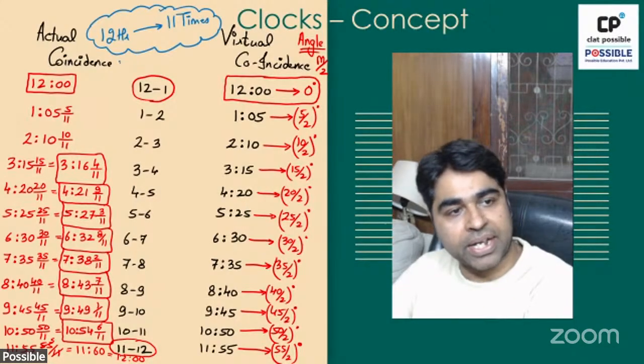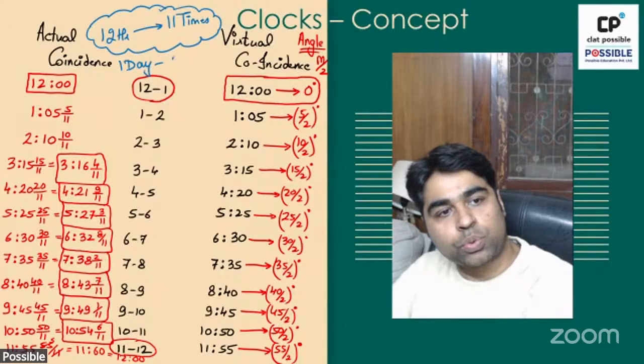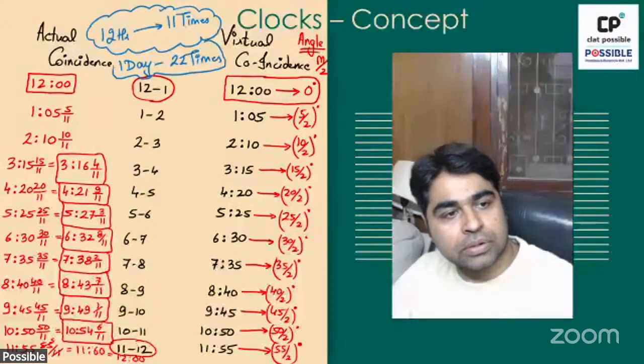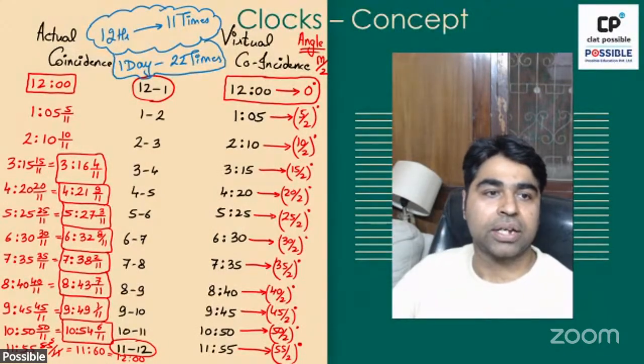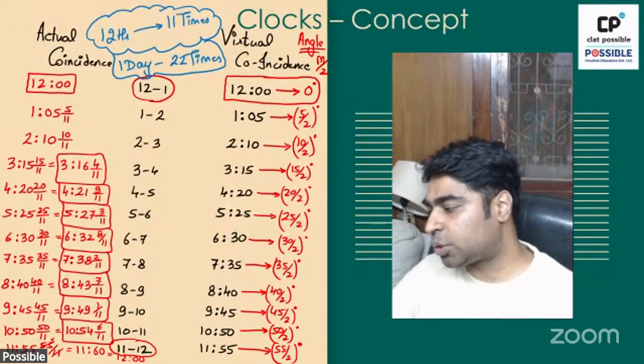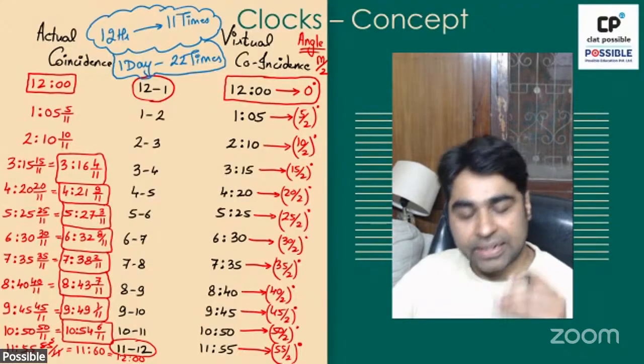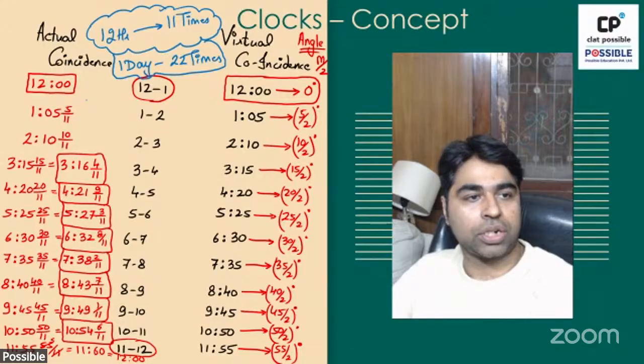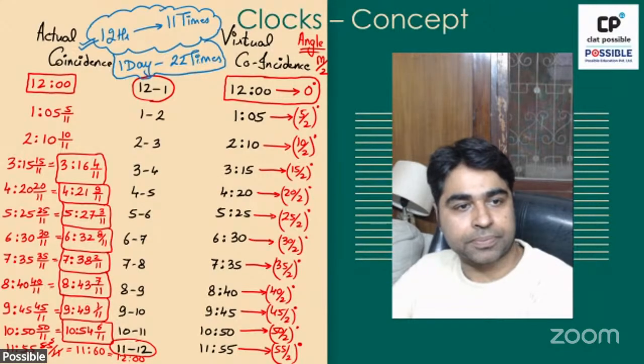This means in one day, 22 times the two hands will coincide. In one day the two hands will coincide 22 times, guys. This is the most important fundamental you needed to learn, know, and implement.